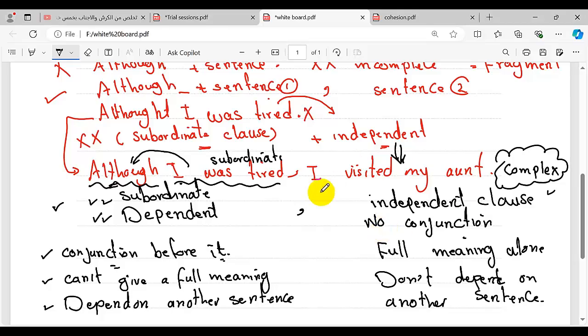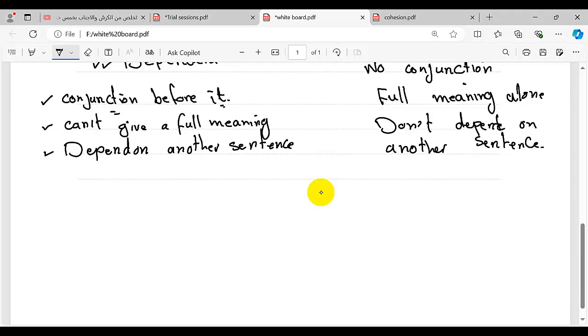Before we go further, now we have a task. What is our current task? Number one, I'll give you a list of sentences and check if the sentence is compound or complex.